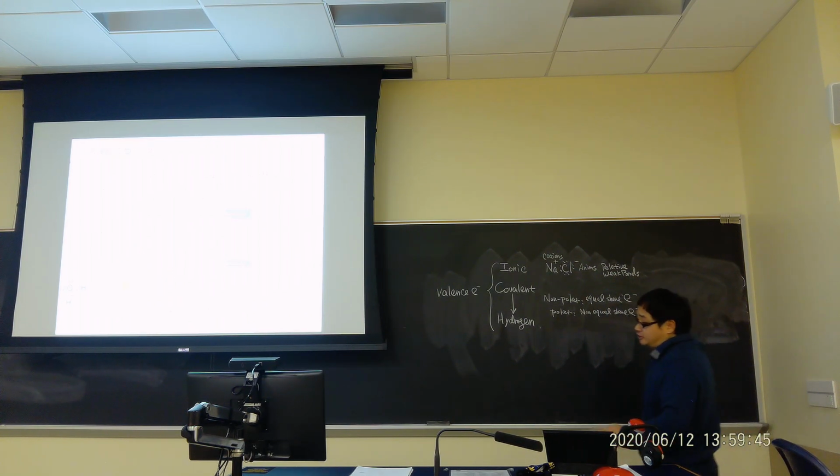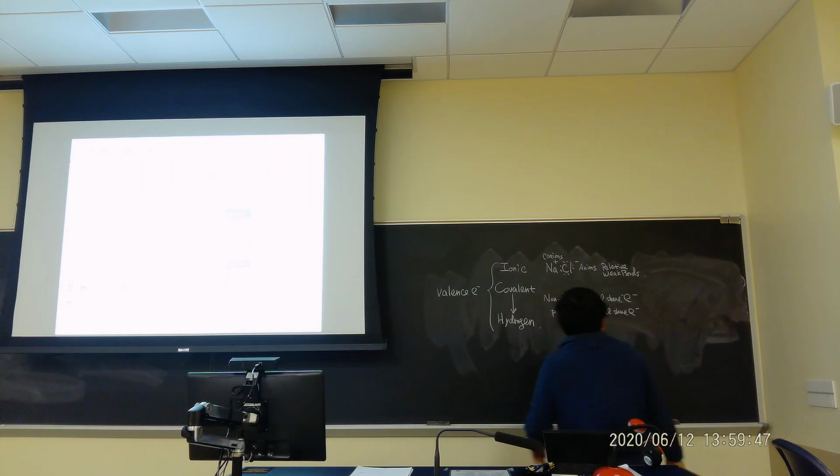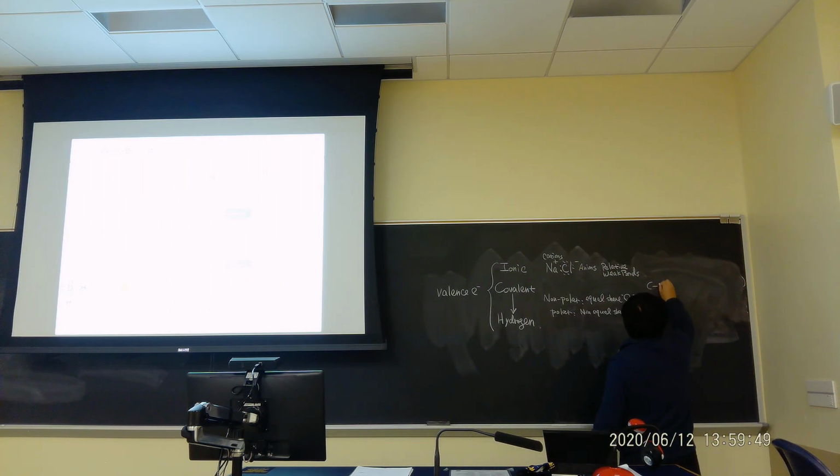Now, why do they have this non-polar or polar electron-accepting ability? It depends on the different types of chemicals. If you only have C and H, this will be non-polar. But if the chemical compounds have N or O, this will become polar.